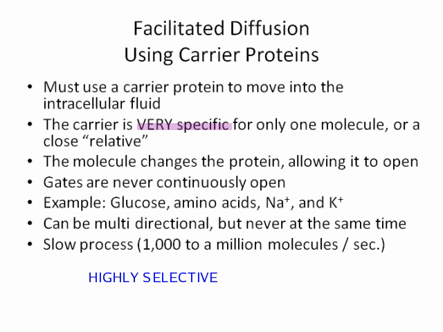Because they are highly selective, they cannot be open all the time. And so these are going to be gateways that are only going to be open in the presence of a very specific molecule.